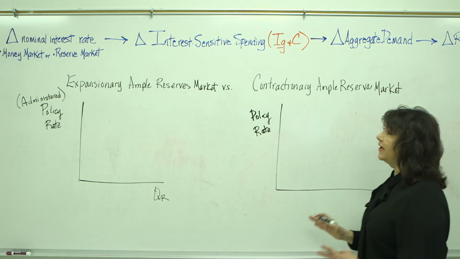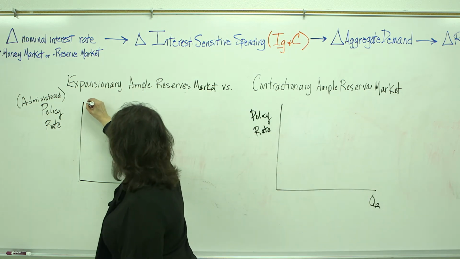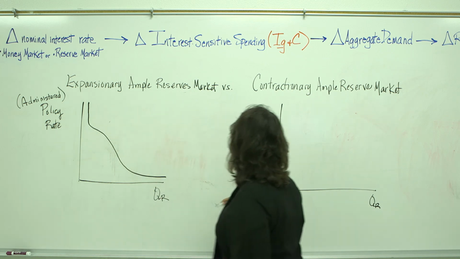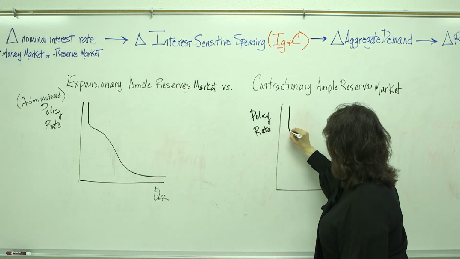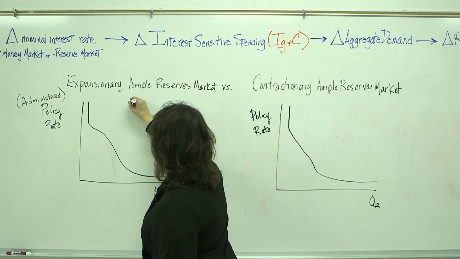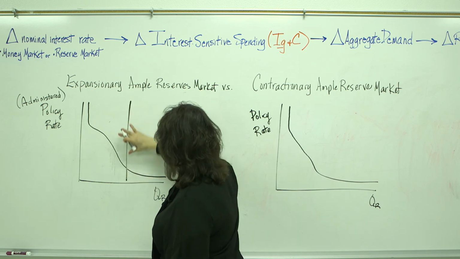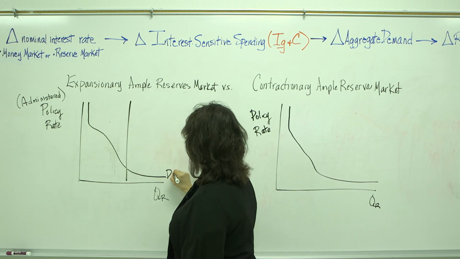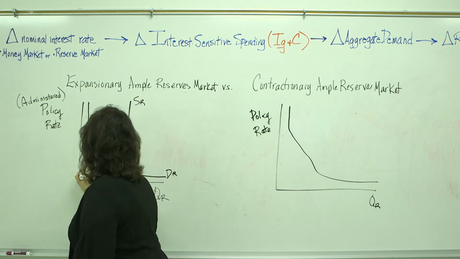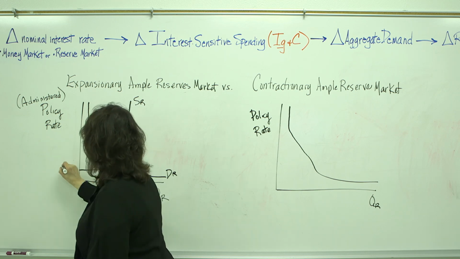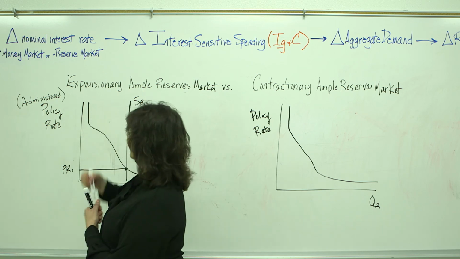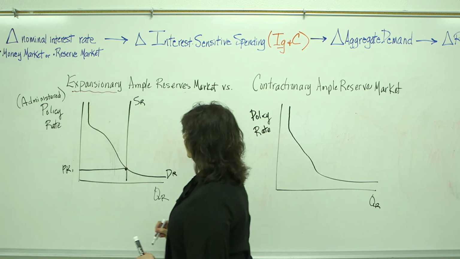Okay, we're going to start with that funky demand curve. That one's not really good, but it'll work. That one's a little bit better. Okay, so here, it has to be in this flat portion. So supply of reserves, demand for reserves. The only thing that's happened is the Federal Reserve, if they're trying to fix a recession, is pursuing expansionary policy.